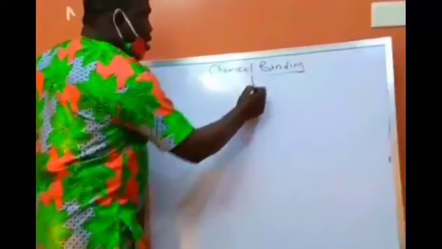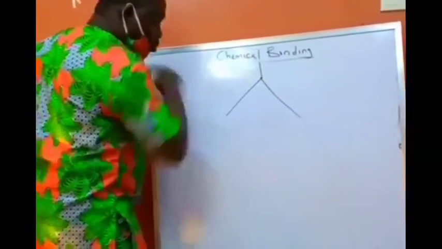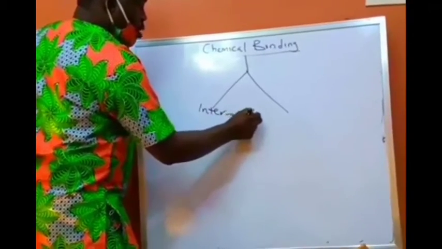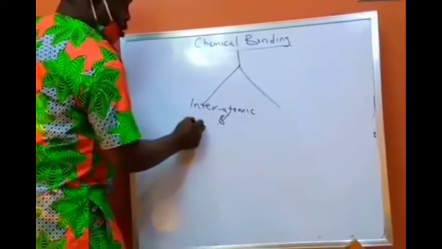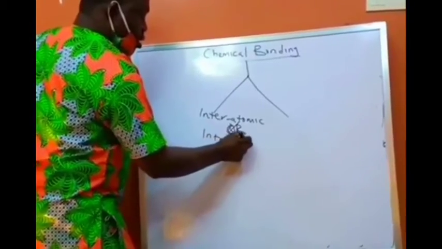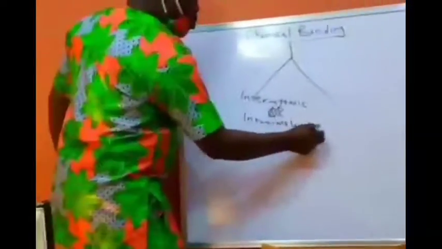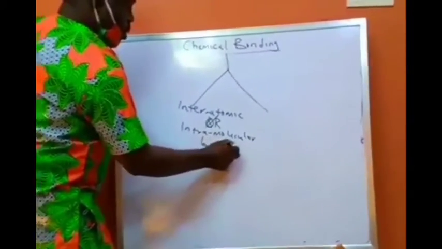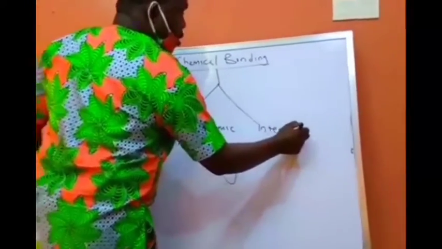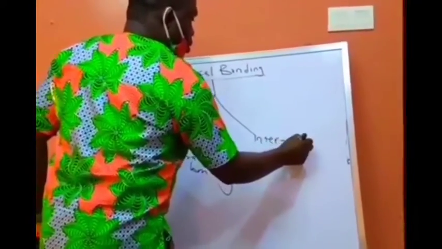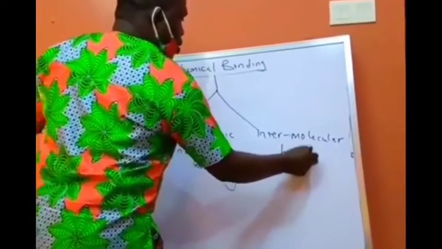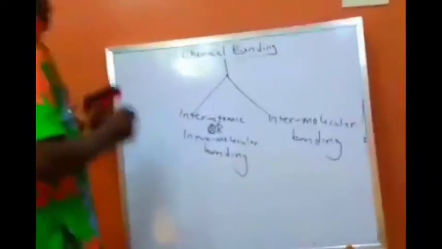So it's basically divided into what we call interatomic or intramolecular bonding, or intermolecular bonding.